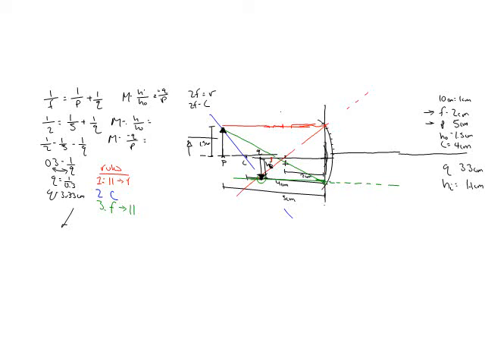Always doing that. All right, so let's put in hi over ho and make sure it works. We have negative 1.1 over 1.5. And that gives us 0.73. Now I'm going to put in the other one. We have negative Q over P, which is 5.